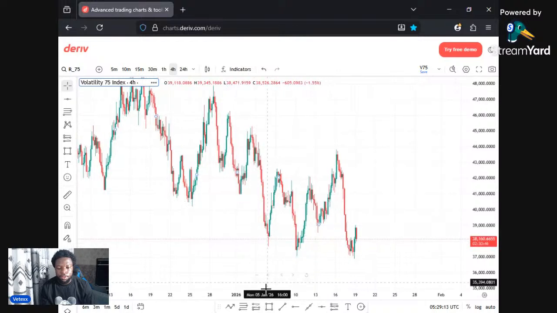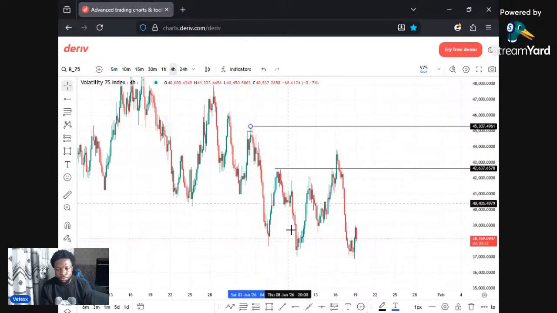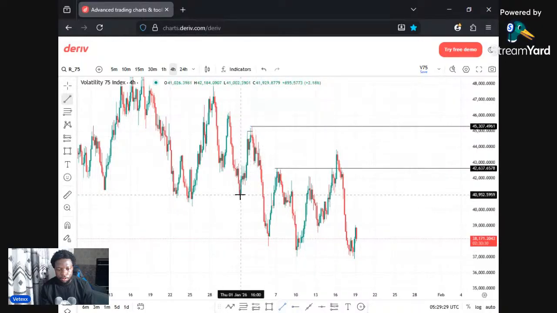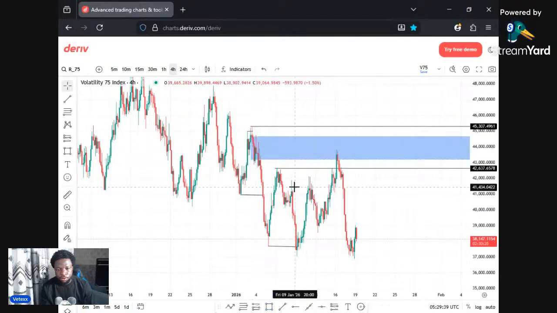We only have this continuation that just smashes targets currently on the 4 hour time frame, which is this. First break, second break, and then point of interest.